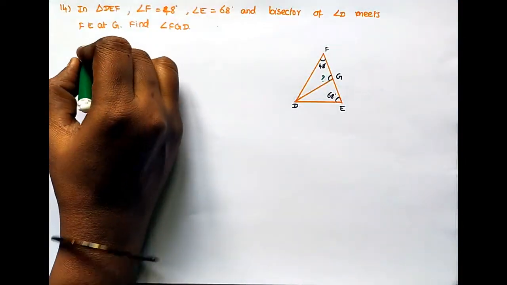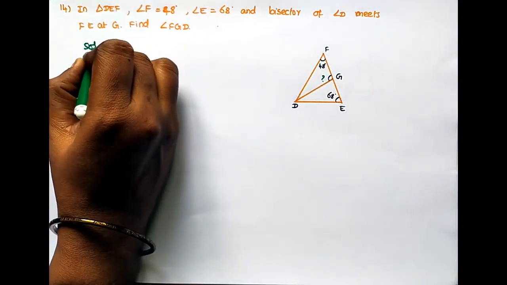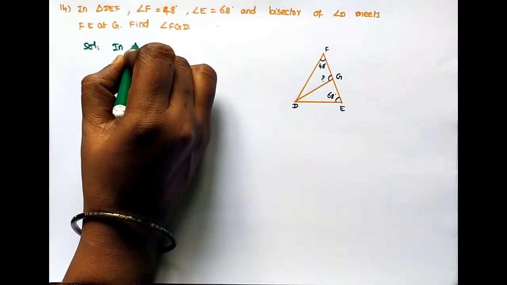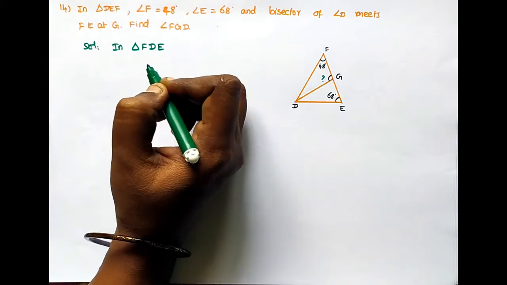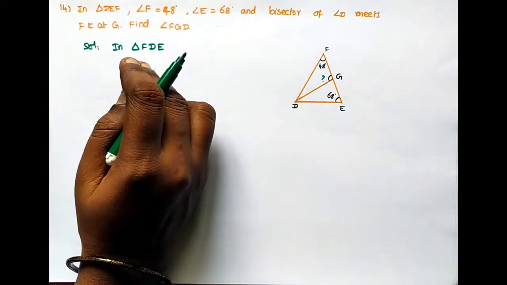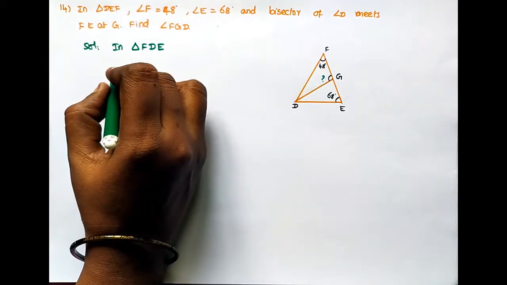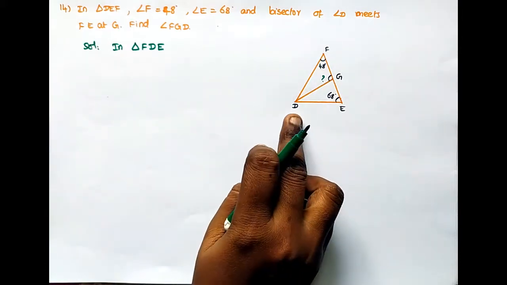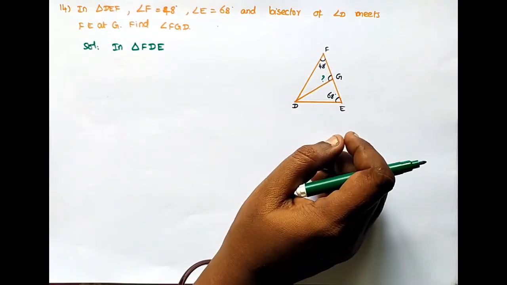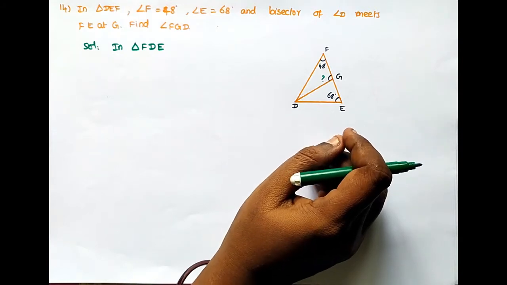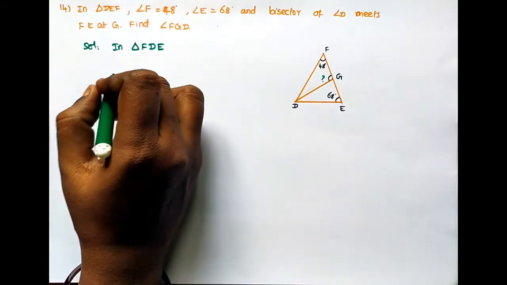Now listen. In triangle DEF, the sum of the three angles is 180 degrees.